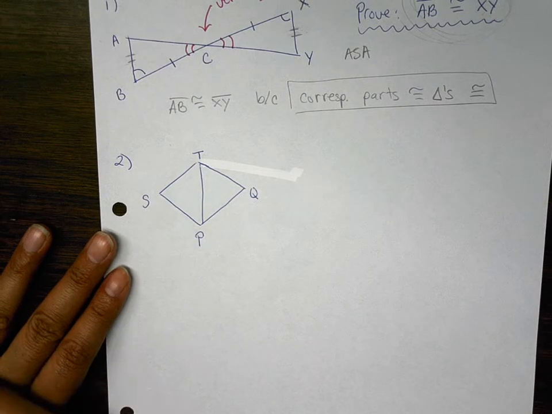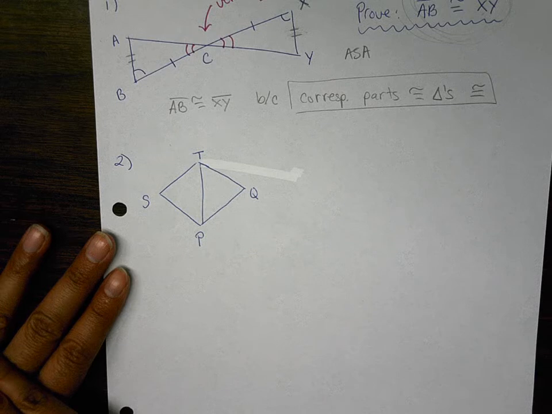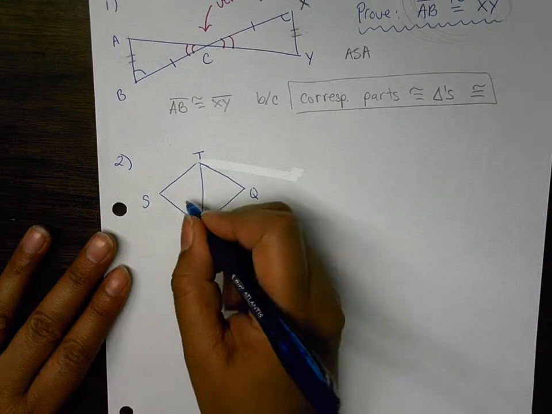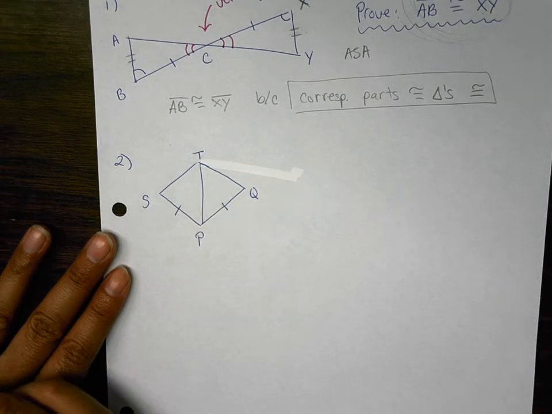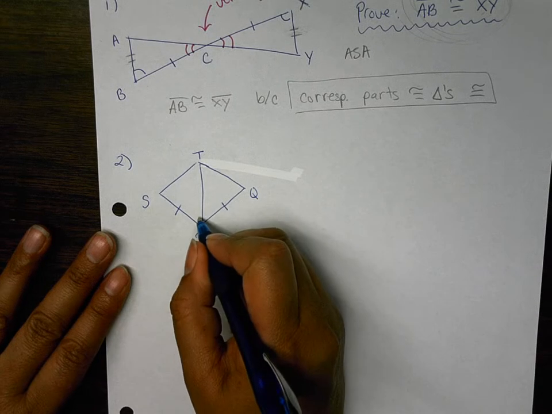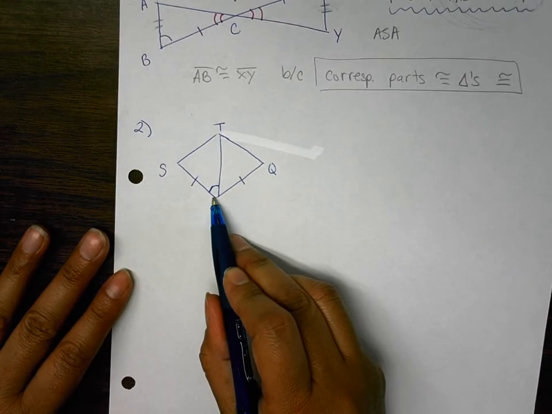S, T, Q, P. All right, I am going to give you information. Thank you guys for not having your phones out and keeping them put away. I'm going to mark SP and QP are congruent. I'm also going to mark this angle right here.